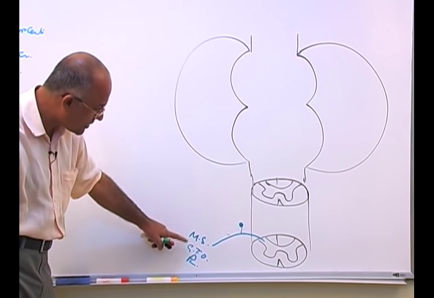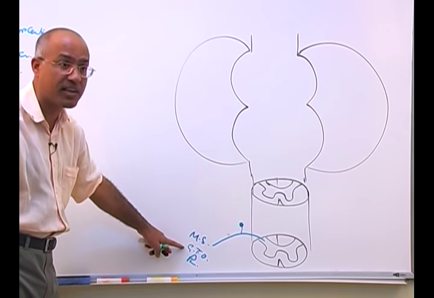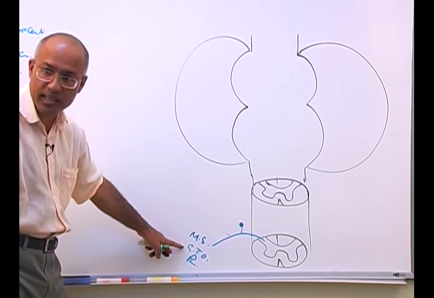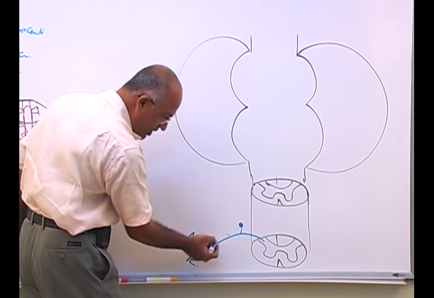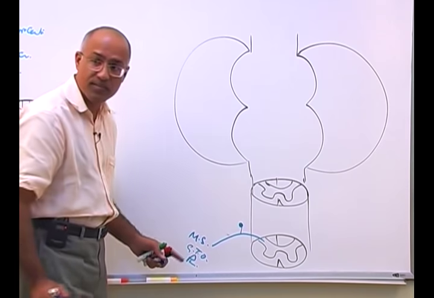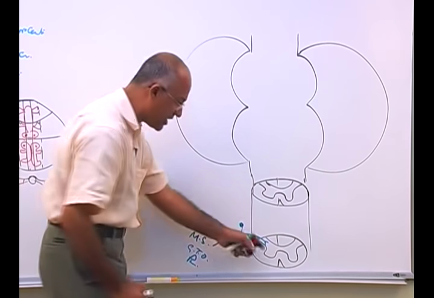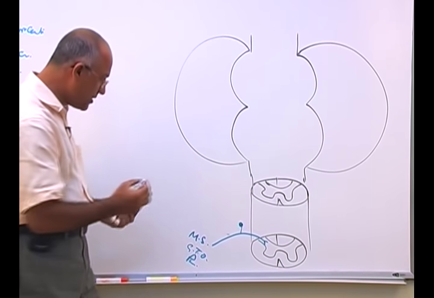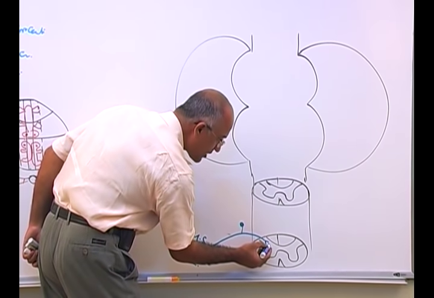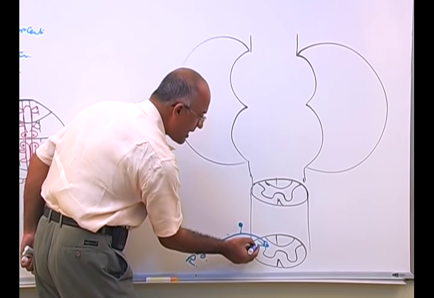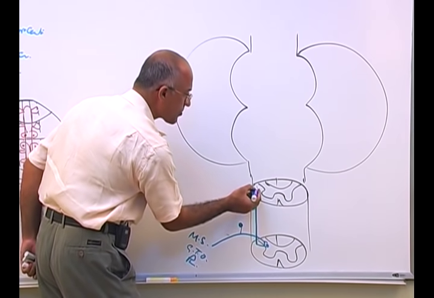Especially muscle spindle, Golgi tendon organ and other receptors which are present in the ligaments and joint capsules, they all bring the information to the spinal cord. Now in the spinal cord, first order neurons terminate here. From here, second order neurons go on the lateral white column.